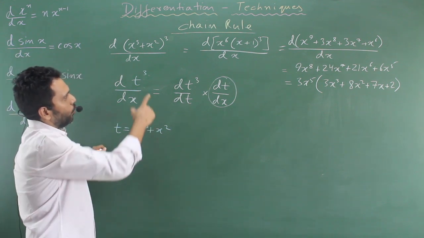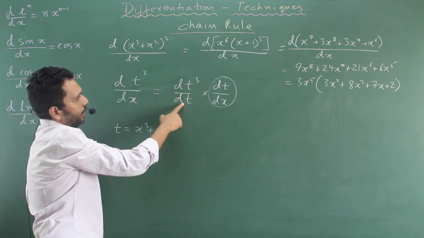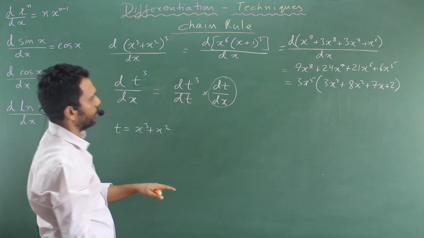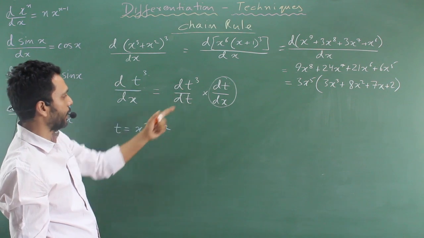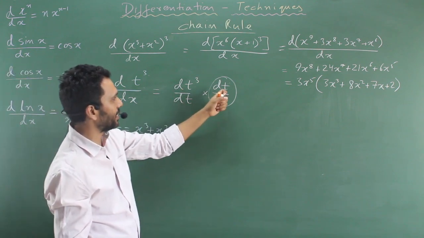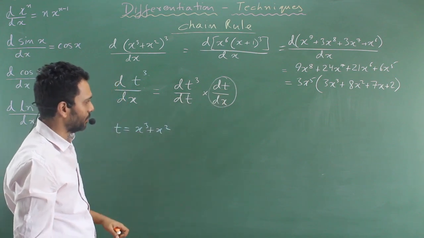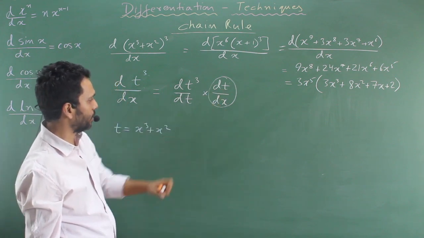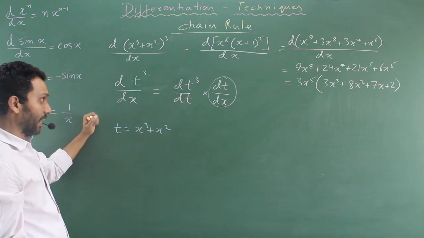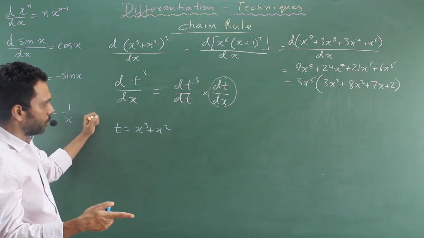Now I can do d(t cube) by dt, which is 3t square. And when I'm finally reporting the answer, instead of t, I can put back my x cube plus x square. But then what is dt by dx? That is what I have to do. Get the point? So can I do that? Yes, I can do that also.